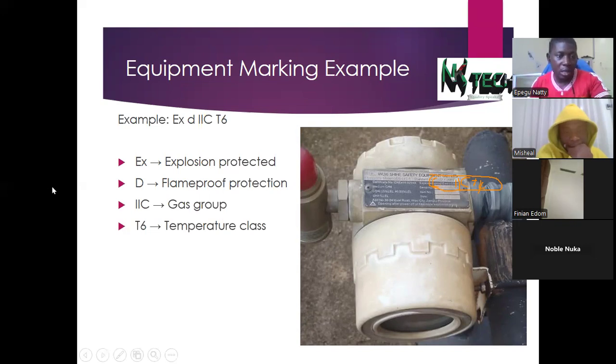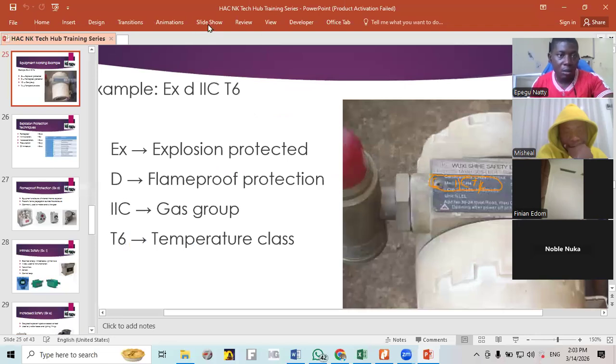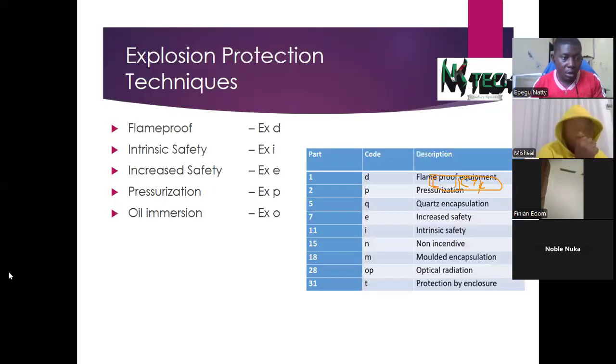So the next is, like I said, we have Ex d. Now the Ex stands for explosion proof, right? But this other tag, this d, this i, this e, p, and o also stand for other things. So the d stands for flame proof equipment.